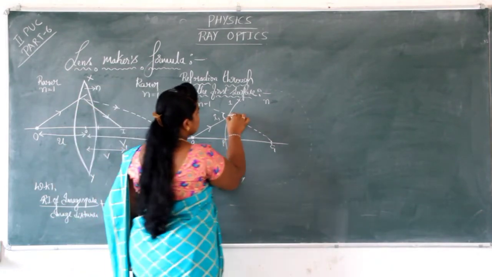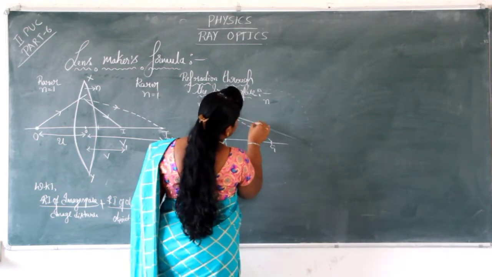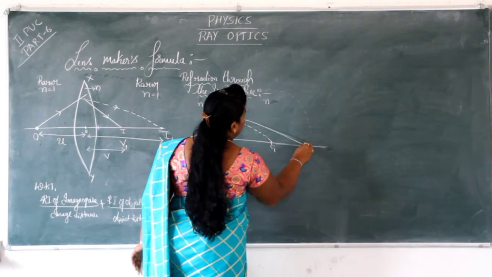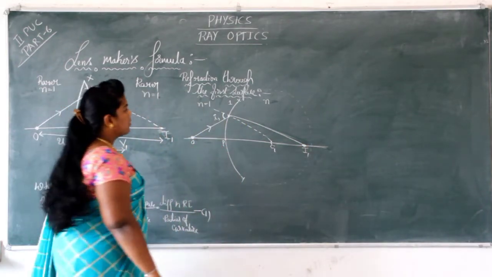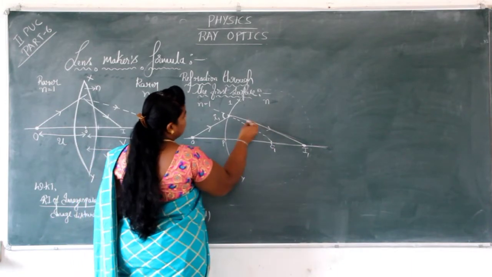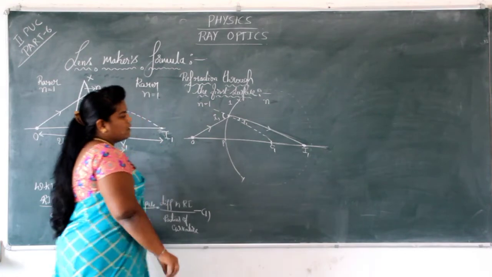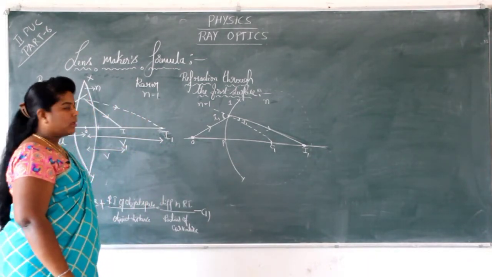Obviously, the ray of light bends towards the normal, and forms an image said to be I1. Dear students, therefore the angle between the refracted ray and the normal is called the angle of refraction, represented by r1.